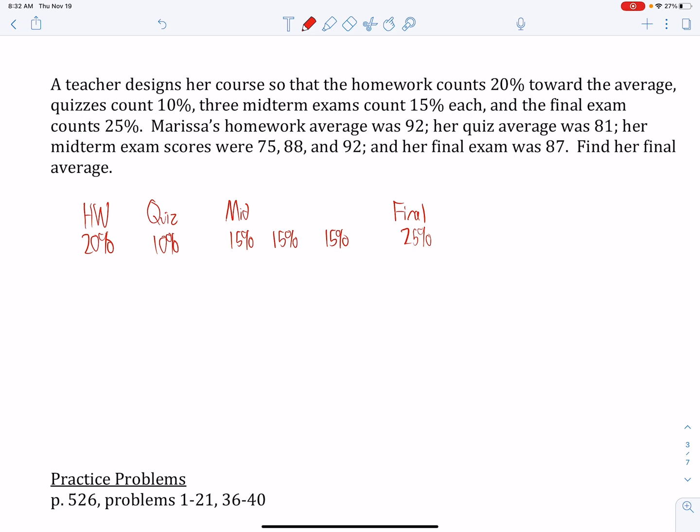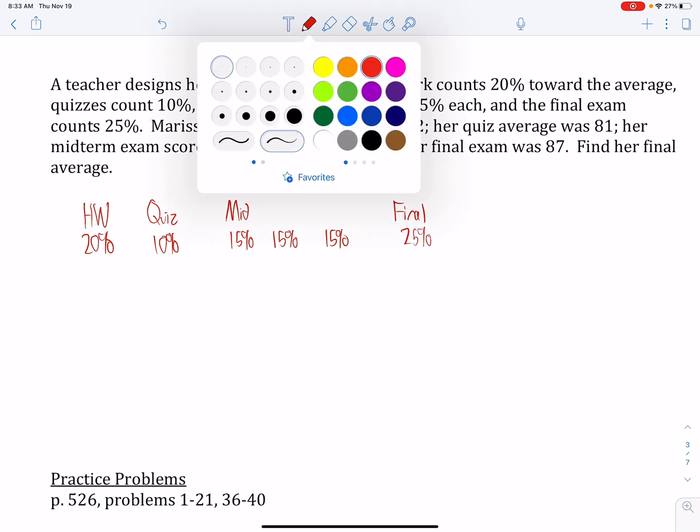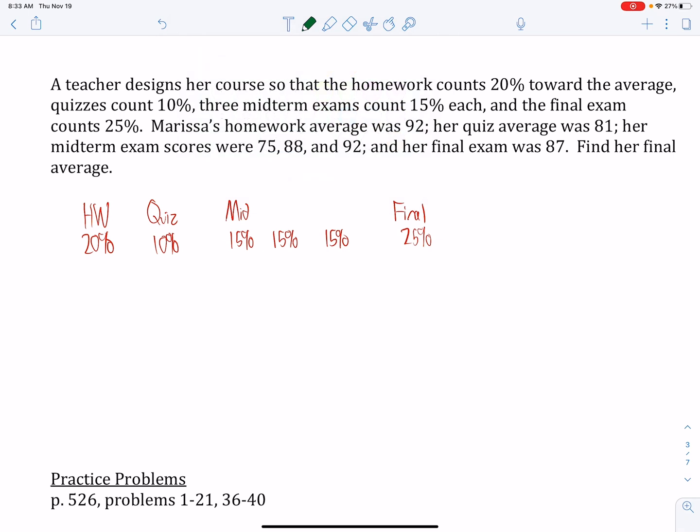Here it tells us Marissa's homework average was 92. And since that counts 20%, we would do 92 times 20%, which as a decimal is 0.2. Next, the quiz average is 81. And since that counts 10%, we multiply that times 0.1. Next, her midterm grades, which are each 15%, are 75, 88, and 92.